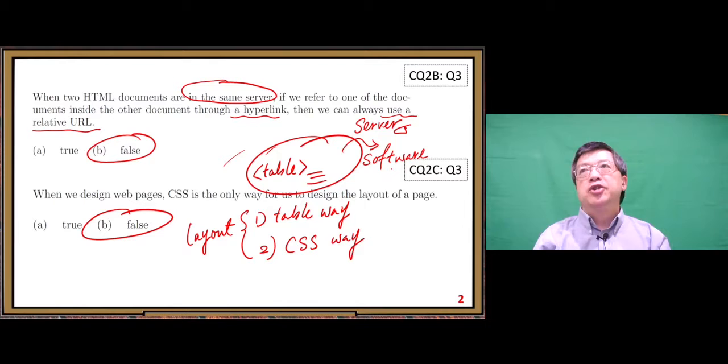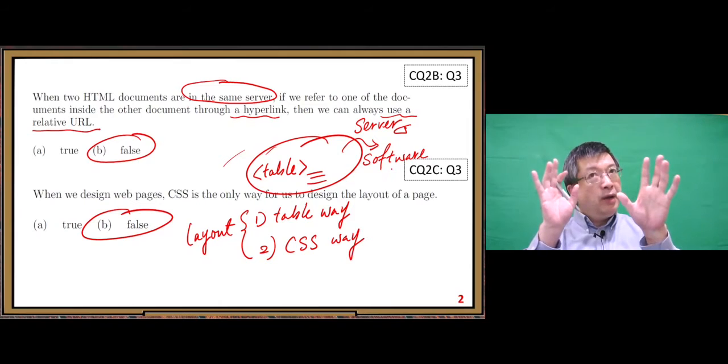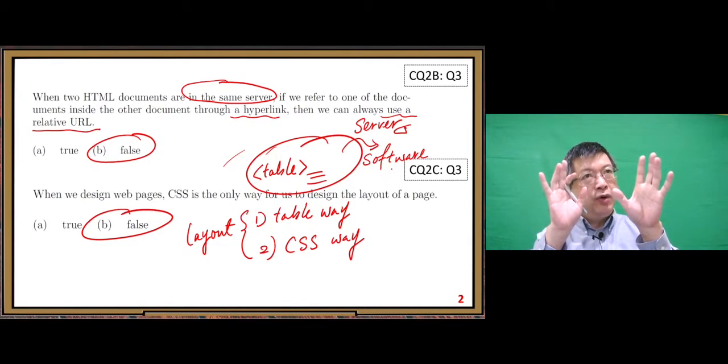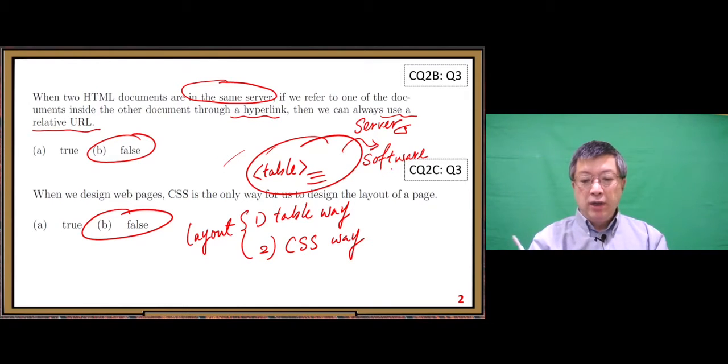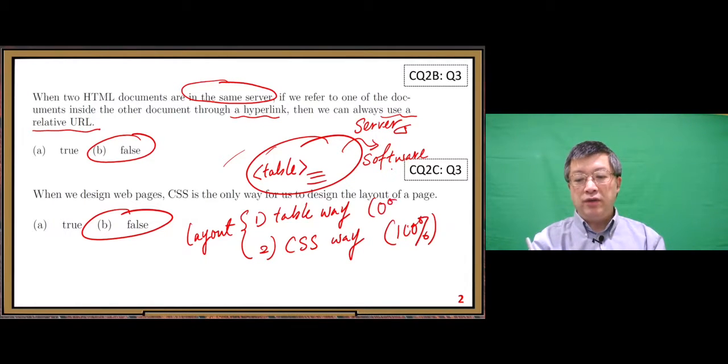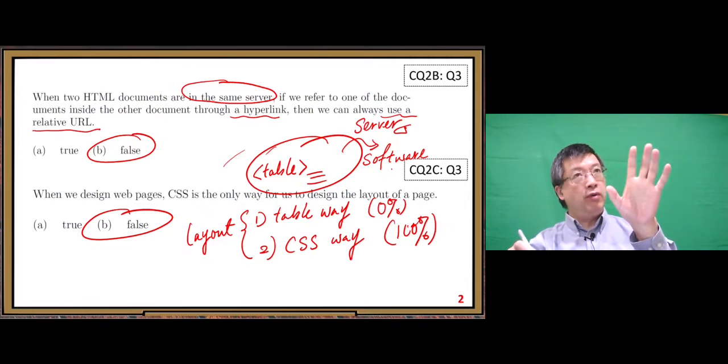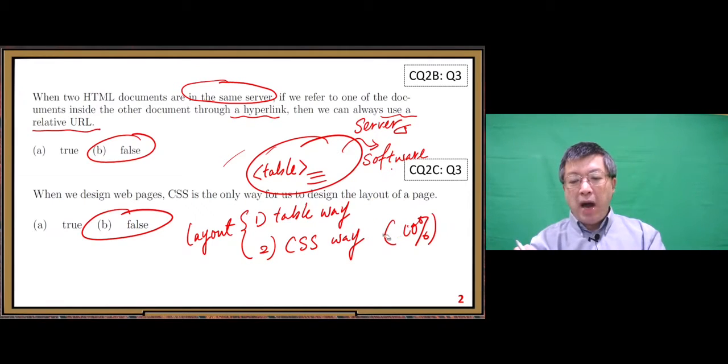Based on my experience, I saw some programmers who do 100% CSS way. Under any situation they avoid the table way. Based on my experience, I feel that way is not that good.